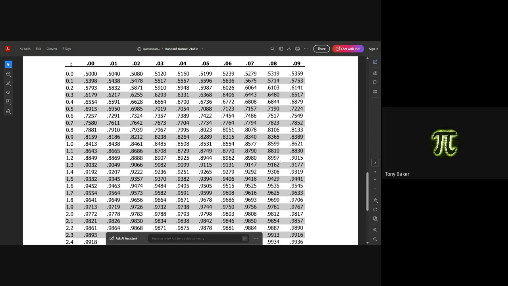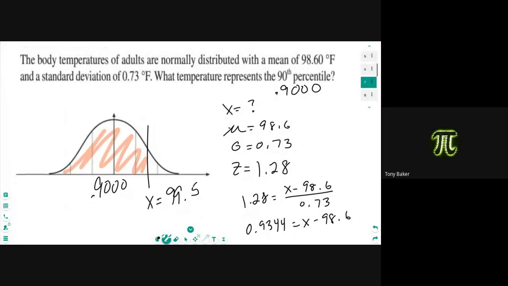The 0.8997 is closer, so that's the one I would take, which is 1.28. Solve my problem, and we get 99.5.